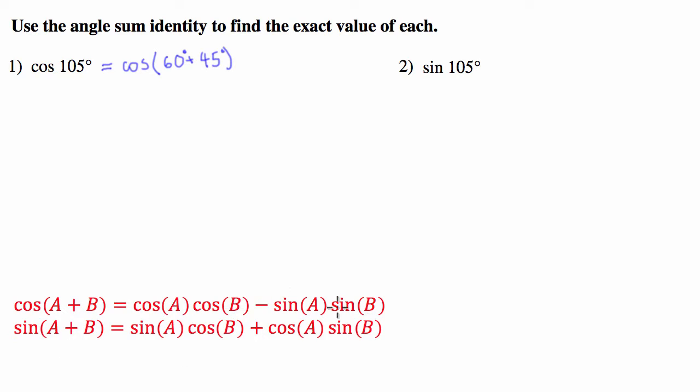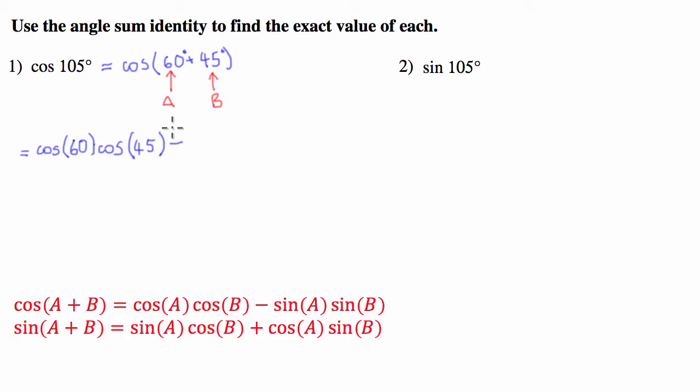If we're going to use these identities down here, we're going to be substituting 60 in for A and 45 in for B. So cosine of 60 plus 45 is going to be equal to the cosine of 60 times the cosine of 45, subtract the opposite.